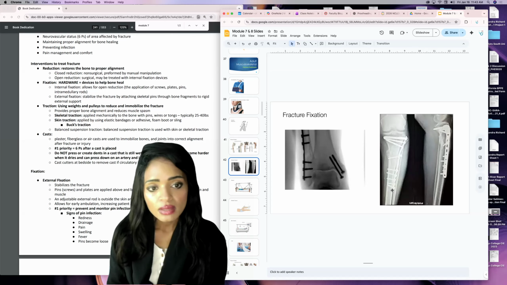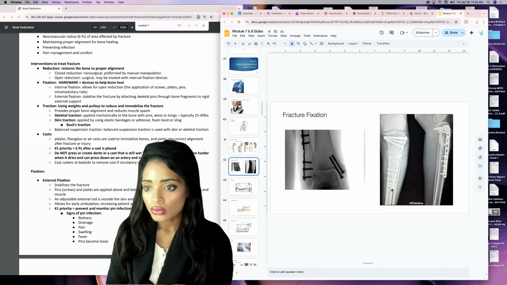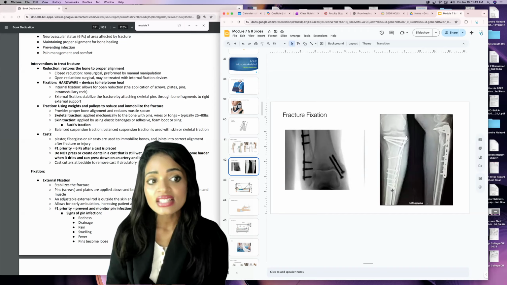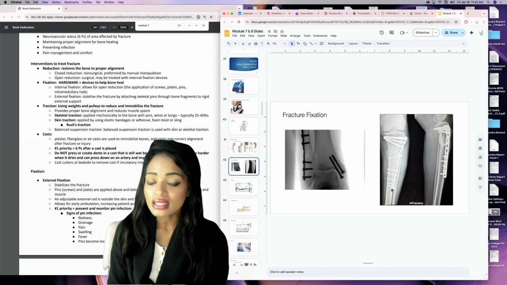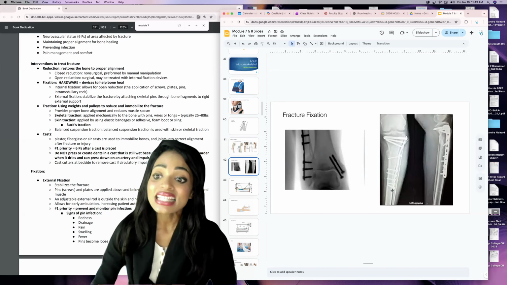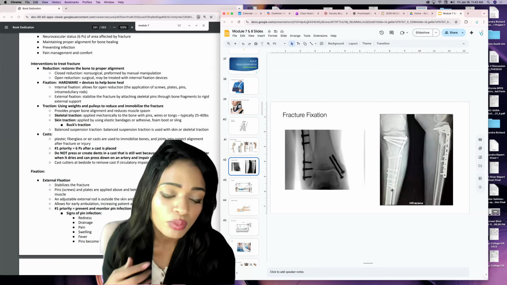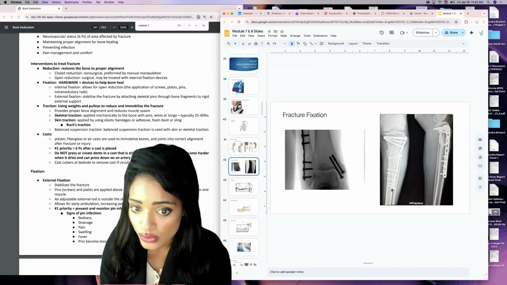They had to open up the patient and surgically align the bones back together, and then to keep the bones in place you use fixation. So reduction is putting the bones back in alignment, and fixation is keeping them in alignment with hardware and devices, with rods and pins and screws.